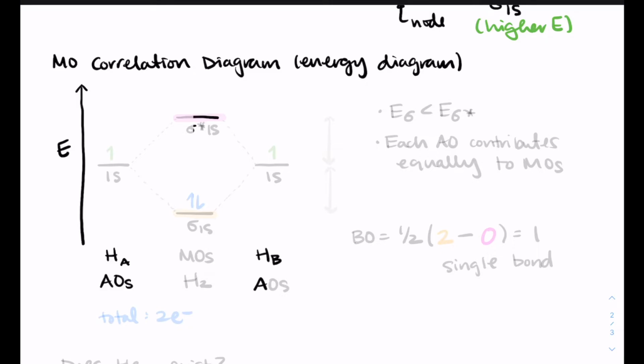So on the outside, it's the atomic orbitals for the atoms that you're bringing together. So H_A on the left and H_B on the right. Each one of those has a 1s orbital, and they're both hydrogens, so that 1s orbital is at the same energy for both of them.